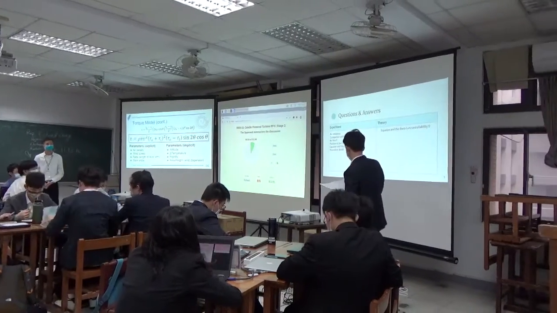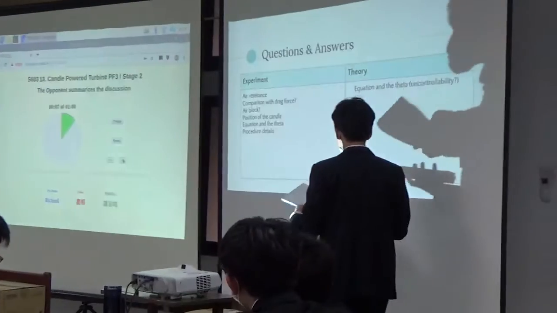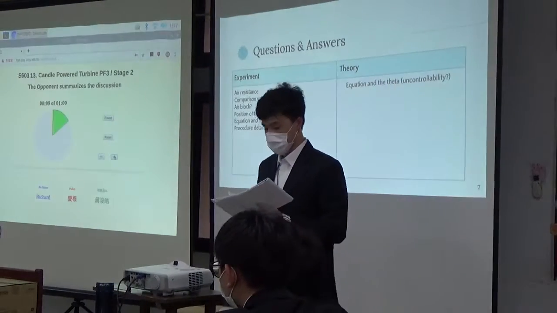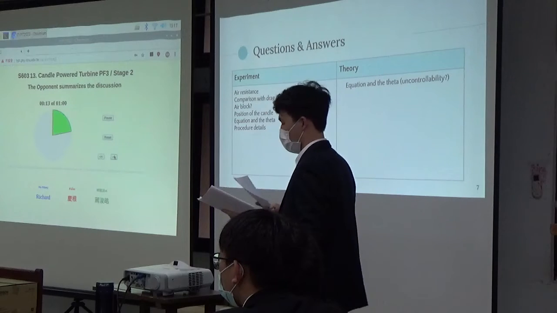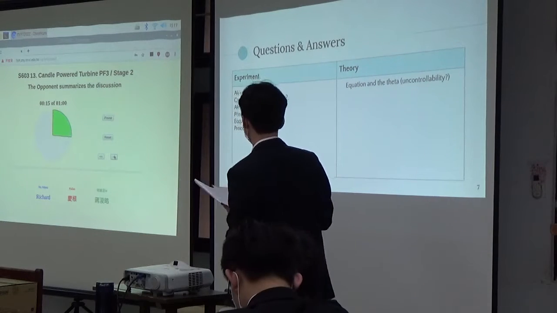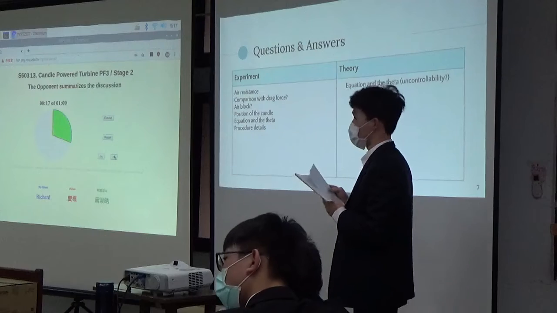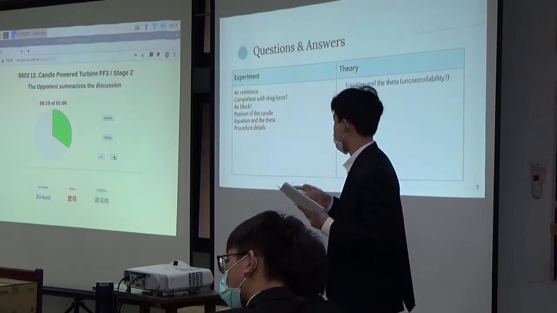Okay, so in conclusion, we have discussed air resistance, but there seems to be no understanding between us. We think that air resistance will affect it, while the opponent thinks it is not really a determining factor.